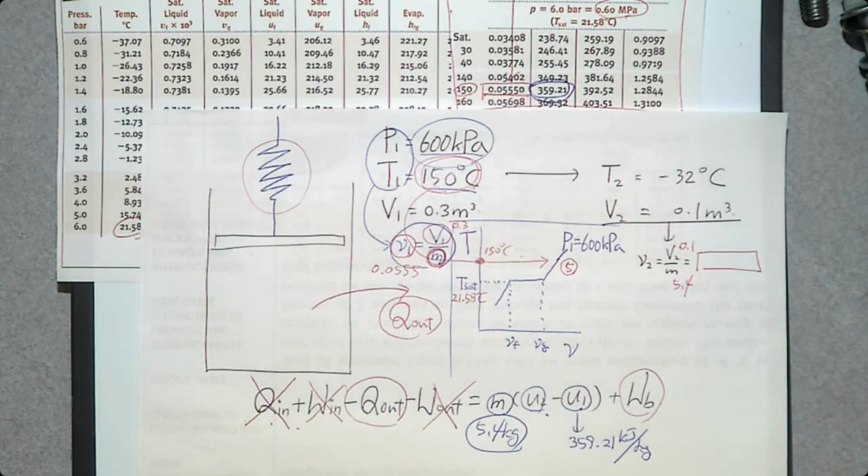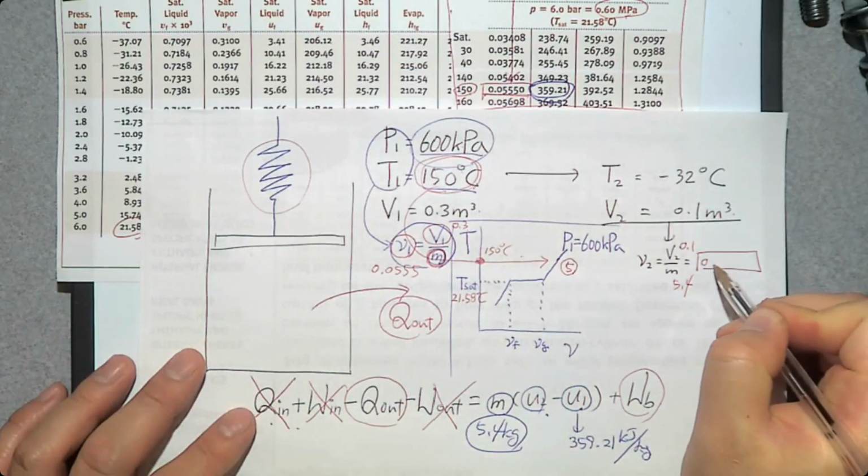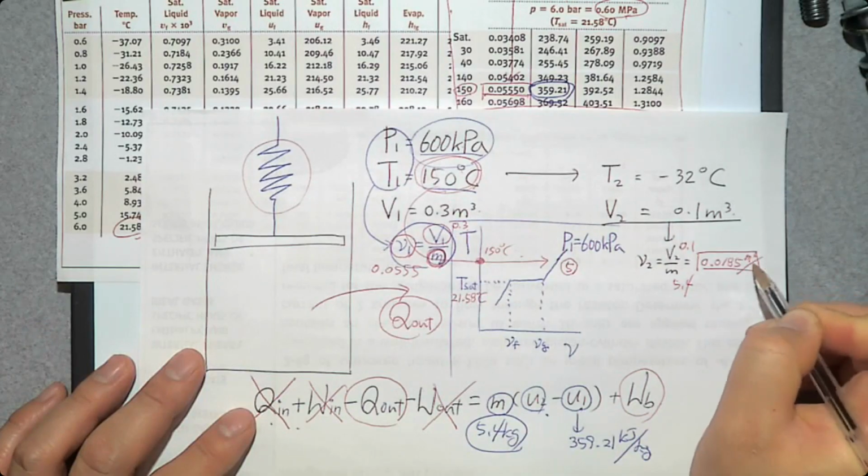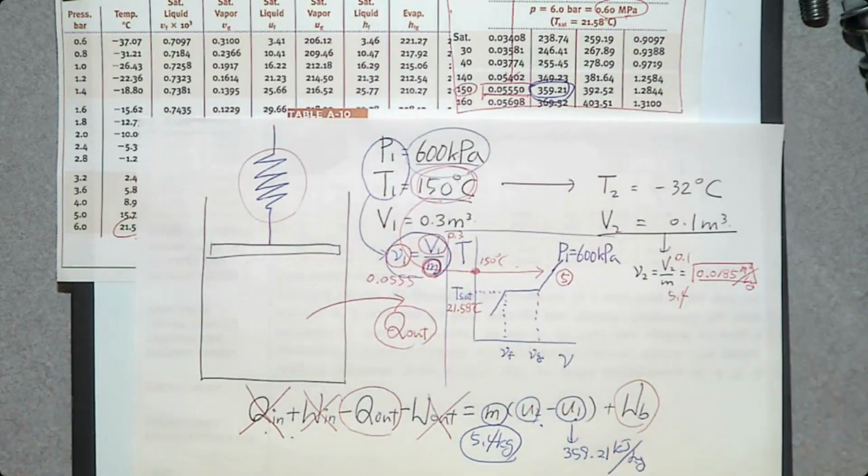The specific volume is 0.0185 cubic meters per kilogram. Now, you know temperature and specific volume. Can you determine specific internal energy u? Now you can, because you know how to do a table problem. You already had a very good practice last Tuesday, right?